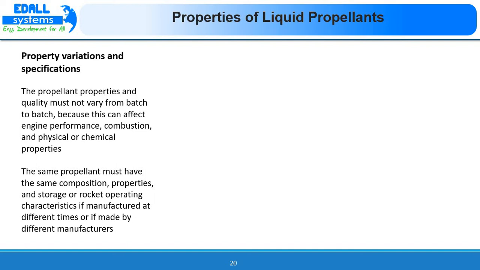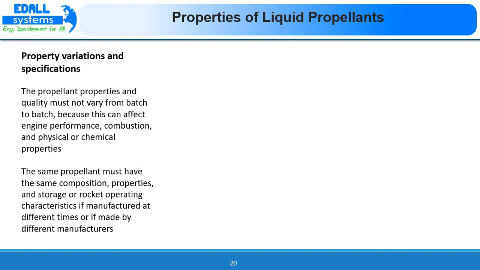Then the same propellant must have the same composition, properties and storage or rocket operating characteristics if manufactured at different times or if made by different manufacturers. So even this has to be taken care of: even if it is manufactured at a different time or by a different manufacturer, the propellants must have the same composition, same properties and storage or rocket operating characteristics.